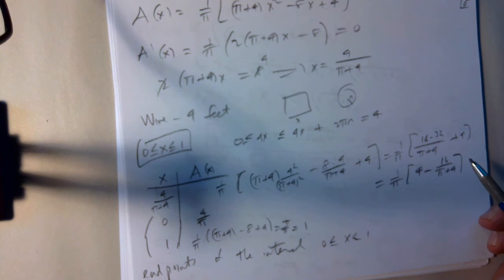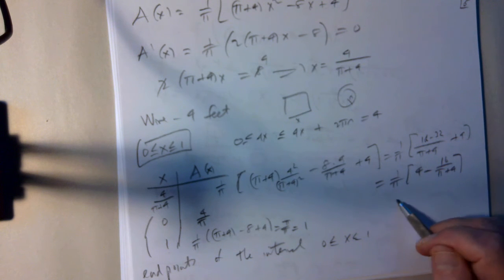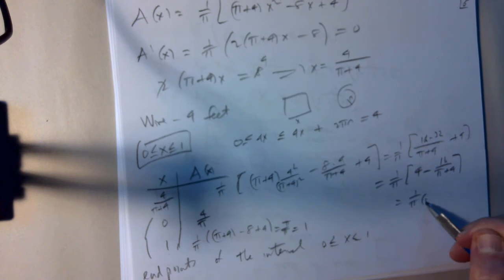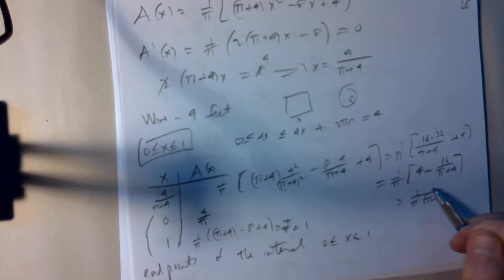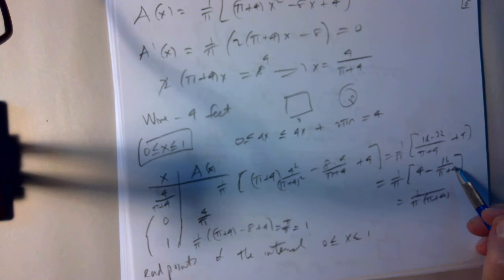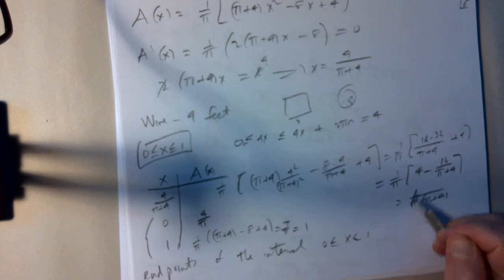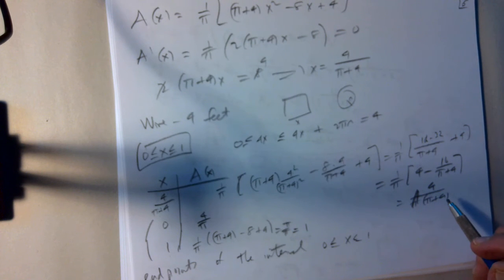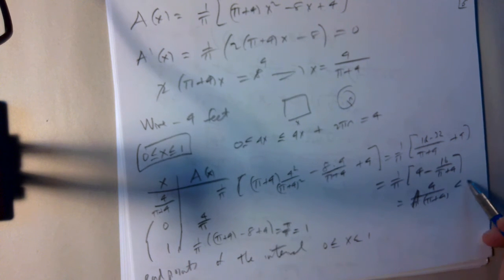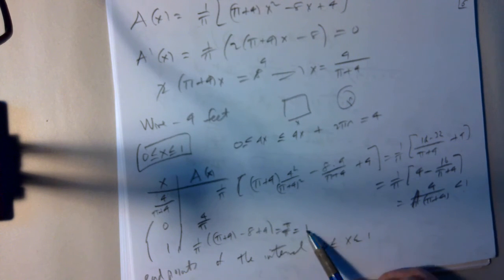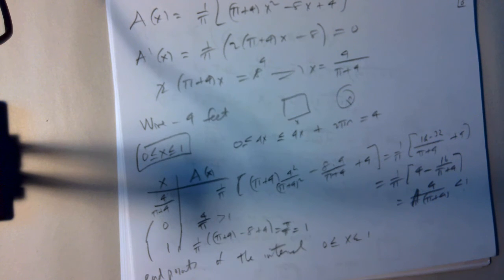And that's equal to 1 over pi times pi plus 4, 4 pi plus 16 minus 16, 4 pi. I get 4 over pi plus 4. Aha, now, this is less than 1. This is 1, and this is bigger than 1.